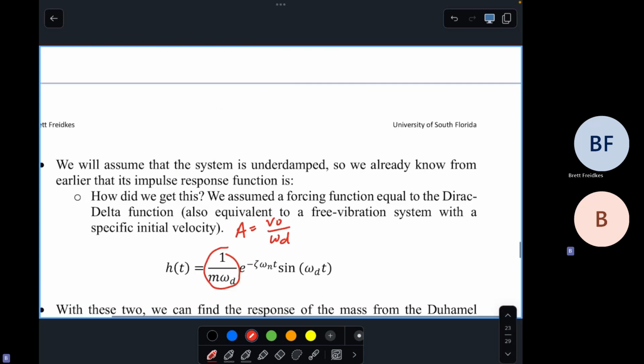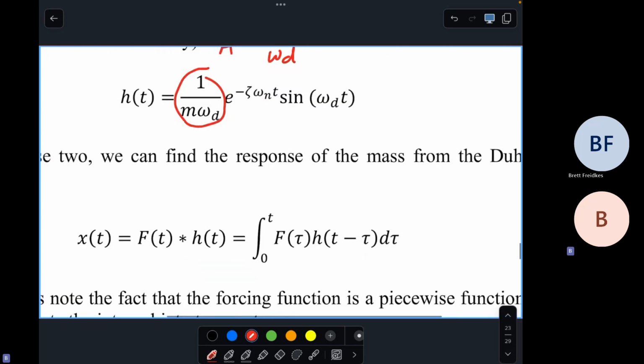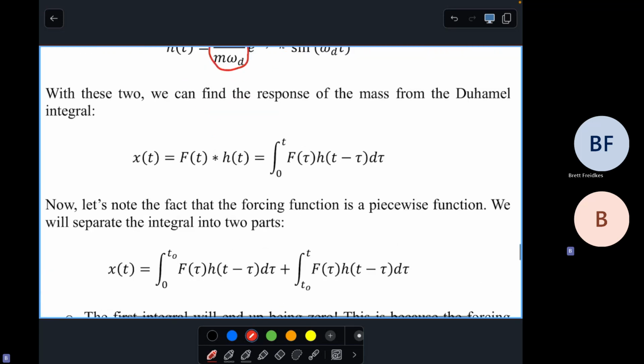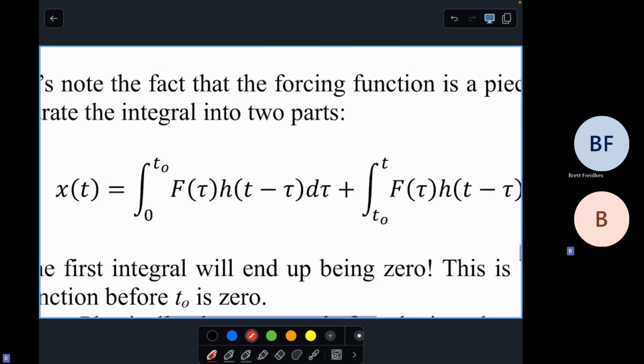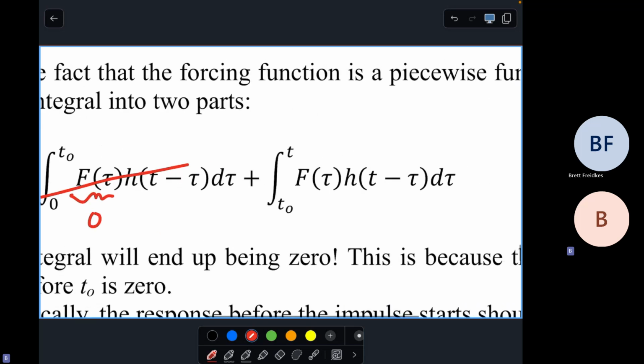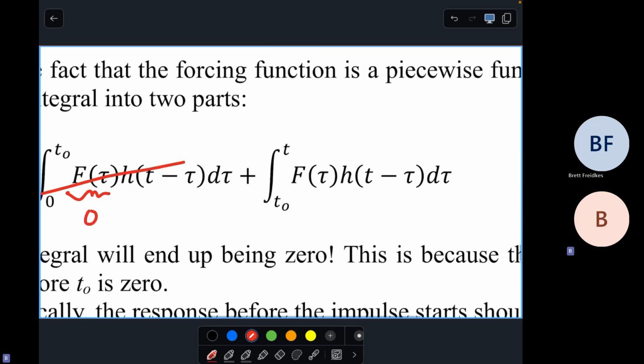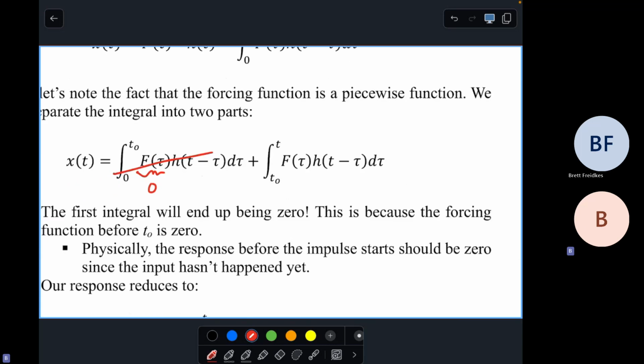If we're going to do the convolution integral, which goes from 0 to t, I split it up into 2 sets of integrals. One goes from 0 to t naught. What's f of tau when it's 0 to t naught? 0. This integral ends up not being important. And then we integrate from t naught to t. So that will be the response of the mass.